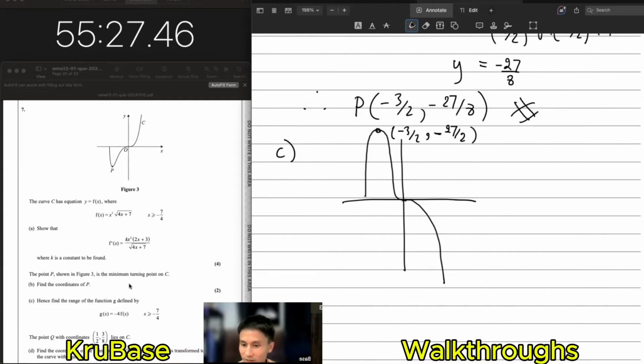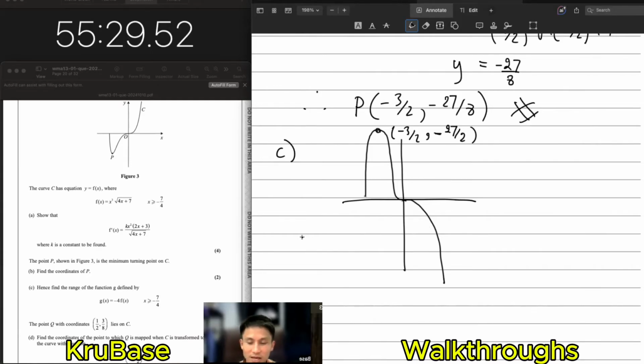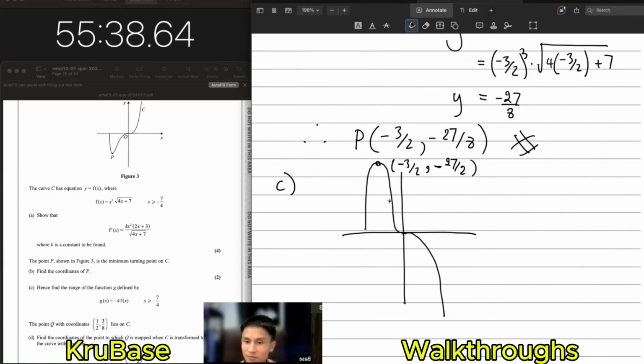So what do we want here? We want to solve for g(x) equals that, where x is greater than minus 7 over 4. Minus 7 over 4 seems familiar. Okay, so I think minus 7 over 4 is here, no? Yeah, it seems to be further away to the left from the turning point.